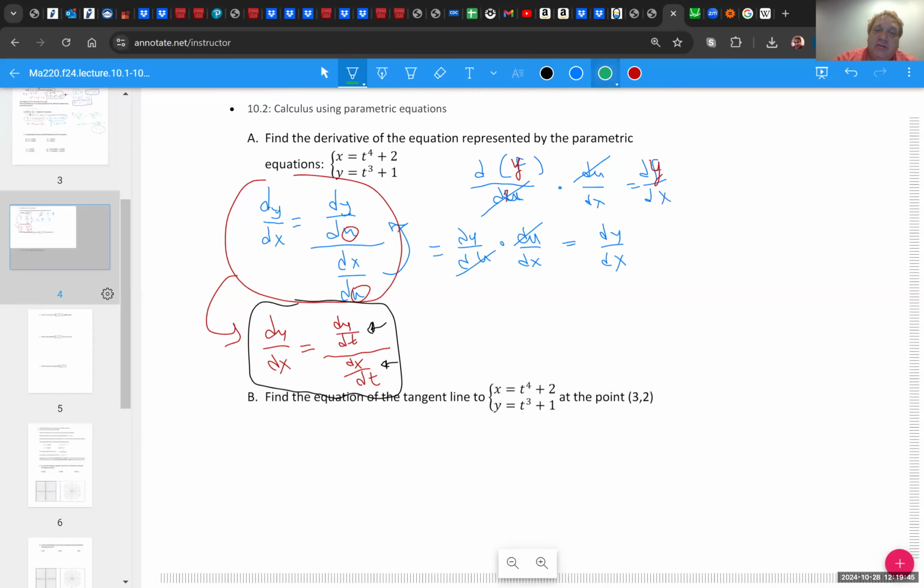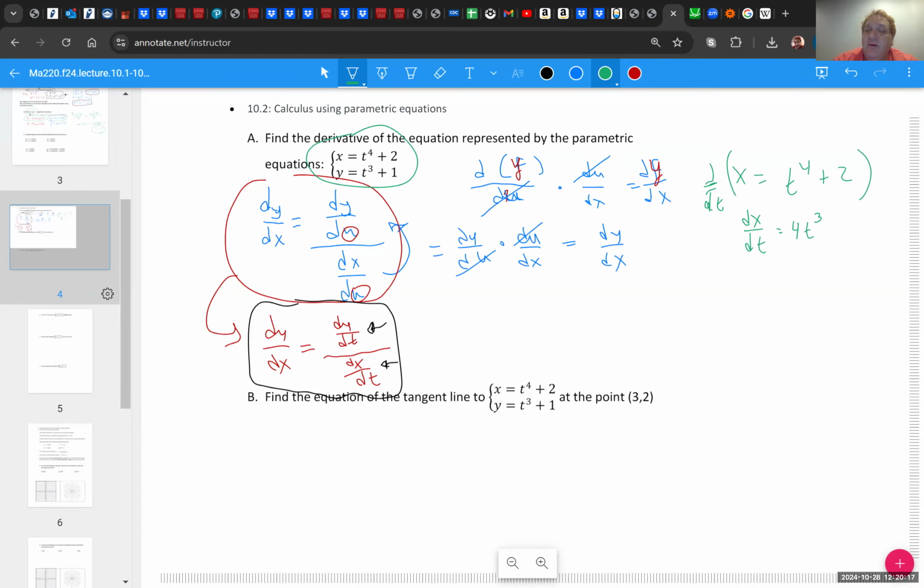So taking my equations over here, I have x equals t to the fourth plus 2. So I can differentiate everything with respect to t. That gives me dx/dt, and the derivative of t to the fourth is 4t cubed.